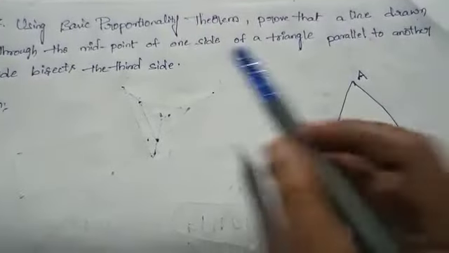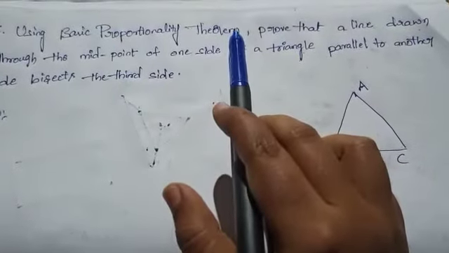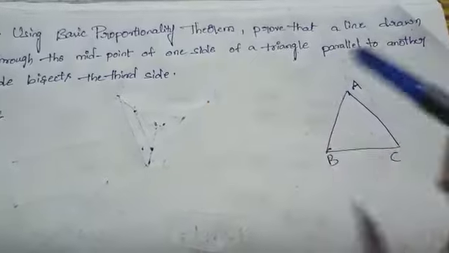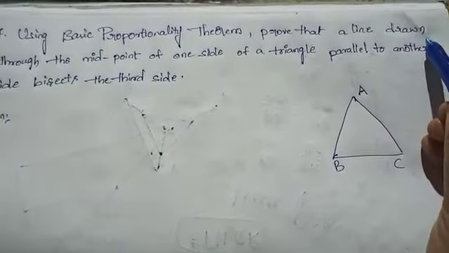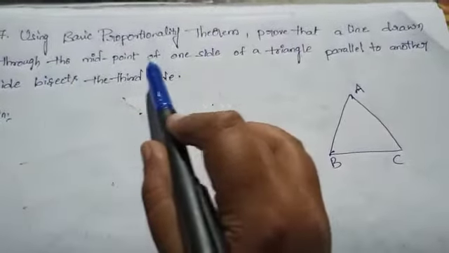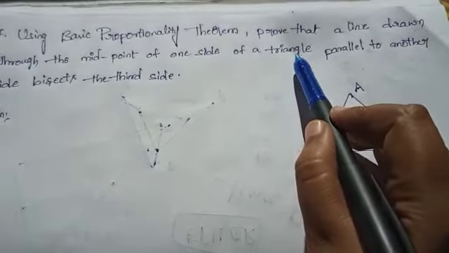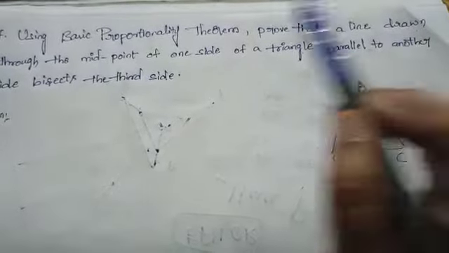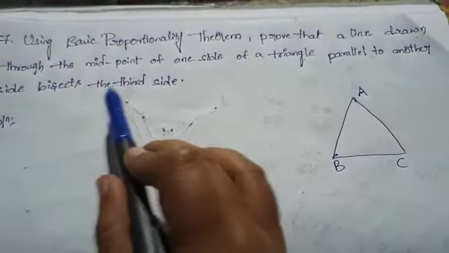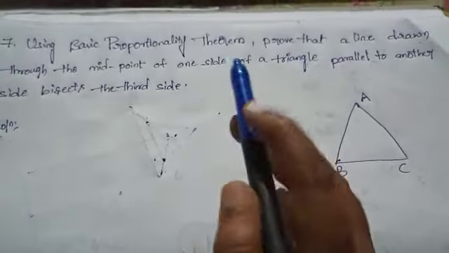Here, given using basic proportionality theorem, prove that a line drawn through the midpoint of one side of a triangle, that line parallel to another side, bisects the third side.